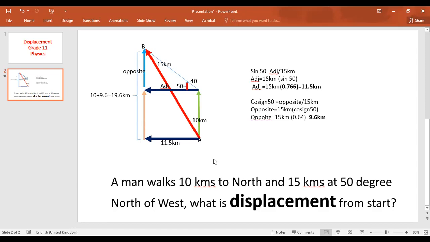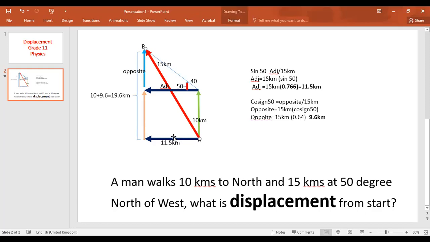Now, what do we do? How do we calculate the distance between point A and point B? Remember, this is a right angle triangle. We have been given the two small sides, and we have to look for the hypotenuse, the red one.